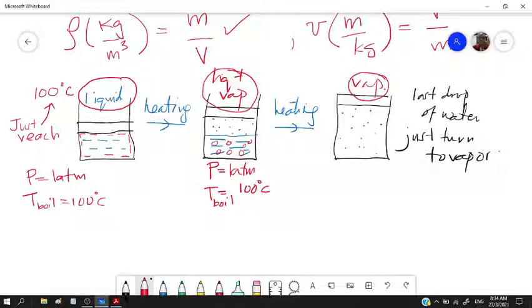So let's say this is again pressure equal to 1 atm, and the boiling temperature is 100 degrees C. This is unique. This is confirmed from our experience and our knowledge.